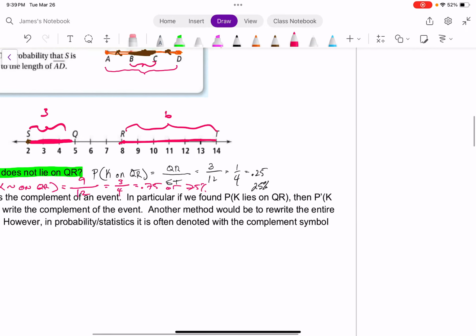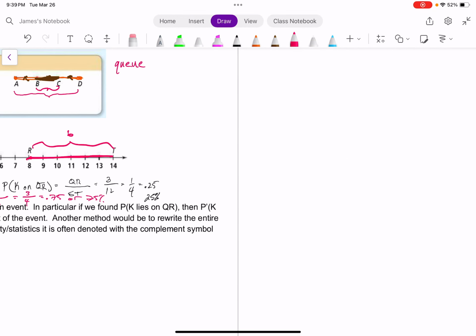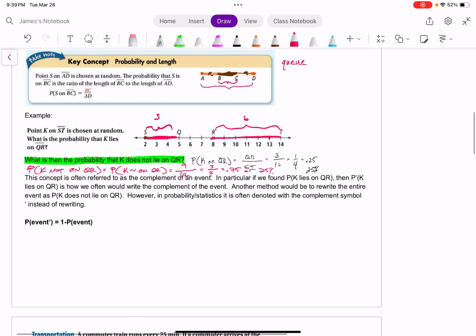So a common way of doing this is we talk about things called complements. This concept right here is often referred to as the complement of an event. In particular, we found the probability that K lies on QR, and then we put this prime notation here.